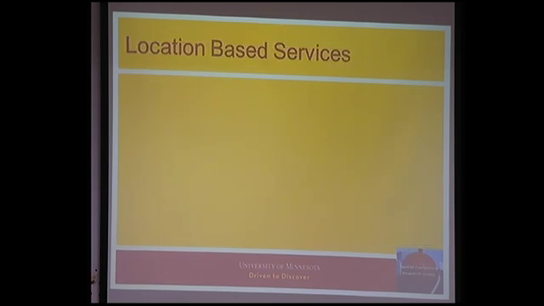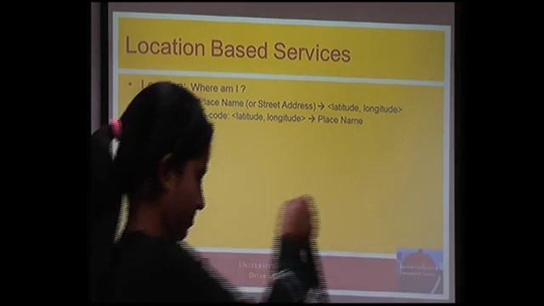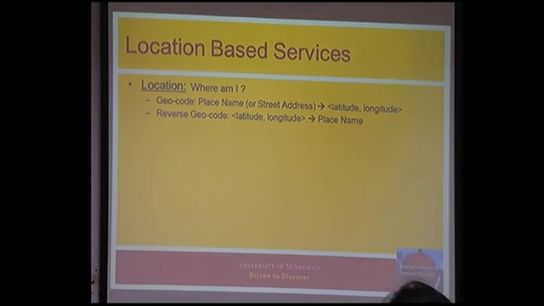Let's go to other use cases. In terms of a broad family, you have notions like location-based services. Most of us only look for where we are, but there are two associated services which people in GIS talk about. One is called geocoding and the other is called reverse geocoding. What they are referring to is the following. When we want to answer the question where am I, this can be answered using very different kinds of representations.